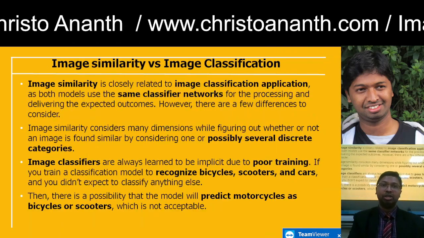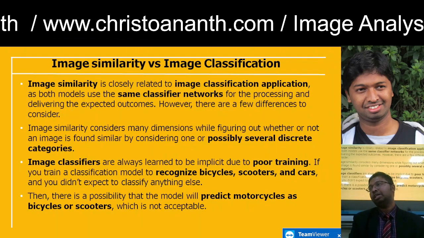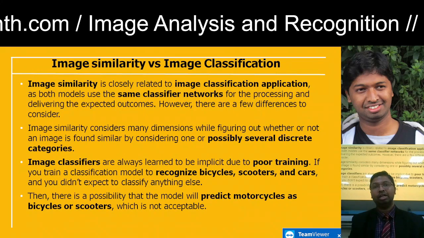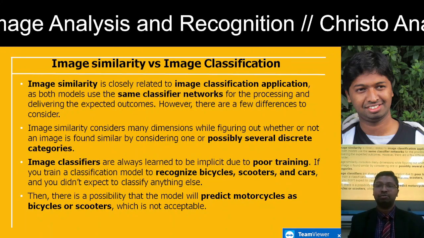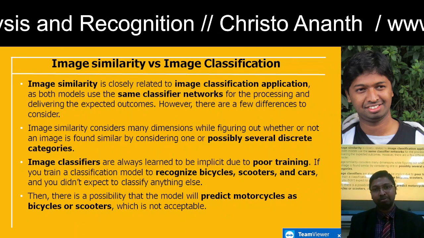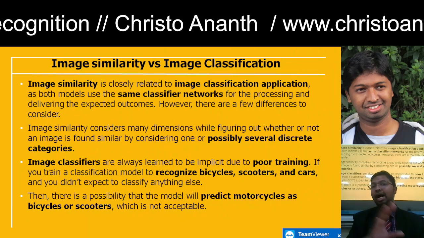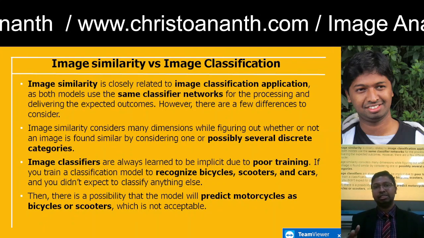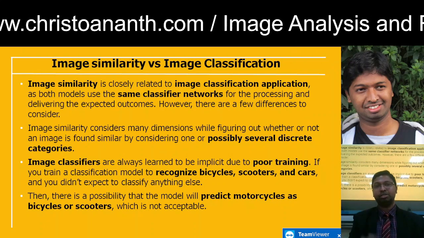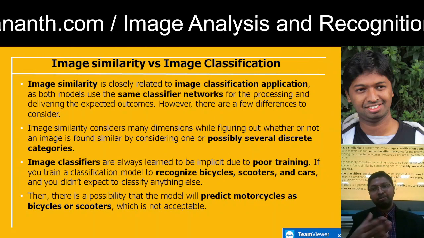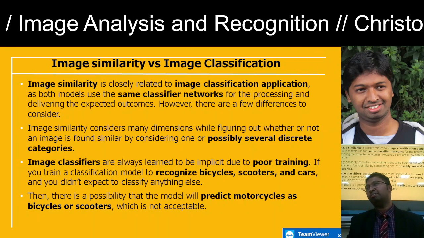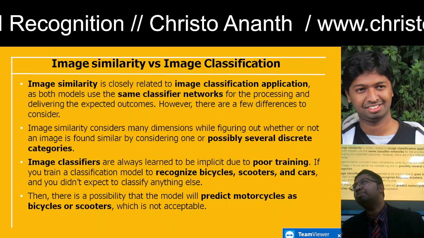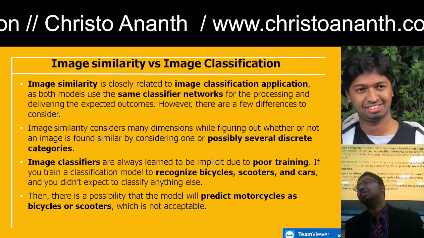So image similarity, as I told you, is based on image classification. It is an unsupervised model where you will be using the same classifier networks. Image similarity is all about identifying the dimensions, whether the image is covered under one possible category. Also, with image classifiers there might be problems if the model is not properly trained.